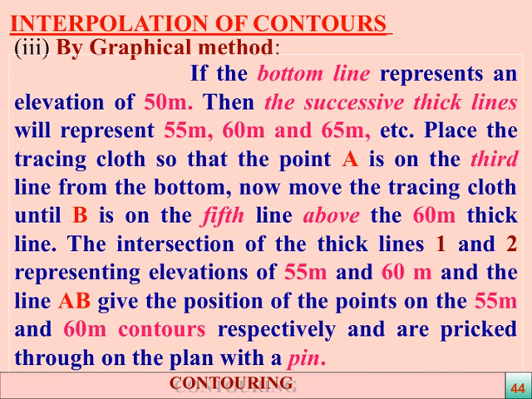This method visually helps us interpolate between known contours, making it easier to accurately plot elevation lines on our maps. Remember, this graphical approach is very useful because it simplifies the process of finding intermediate contours without complex calculations. It's a practical technique that ties into our overall theme of effective contouring and terrain modeling.